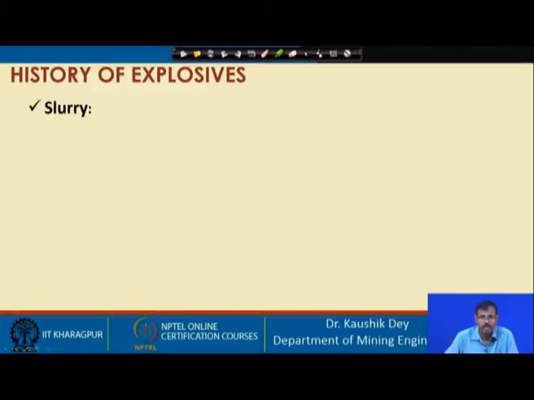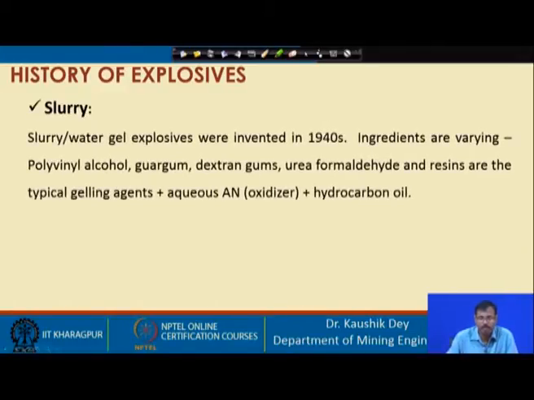And as we have discussed, ammonium nitrate is also used as a slurry explosive, where the ingredients are polyhydric alcohols, guar gum, dextran gums, urea, formaldehyde, resins, etc. These are mixed with each other along with hydrocarbon oils. Ammonium nitrate is essentially required because it is the oxidizer, the main source of energy.